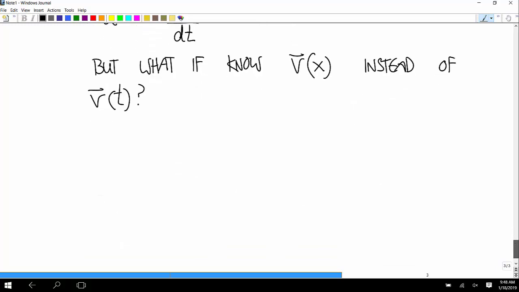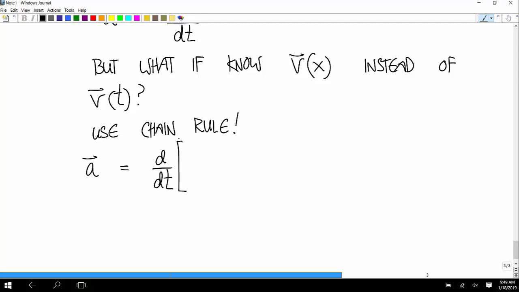But if you use the chain rule, then the acceleration is equal to the time derivative, and I'll write it in that form that I have of defining the chain rule. That's the derivative of the velocity, which is a vector, and it's a function of x.